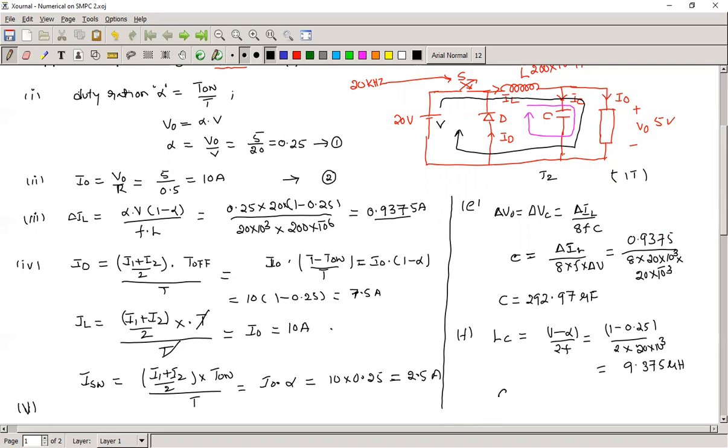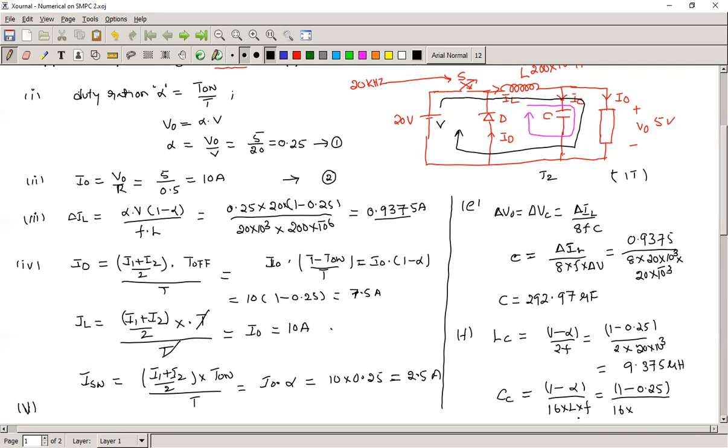That's the critical capacitance CC. CC equals 1 minus alpha, already we derived the expression for the buck converter, divided by 16 into L into F. That is 1 minus 0.25 divided by 16 into L value, which is already given in the problem.